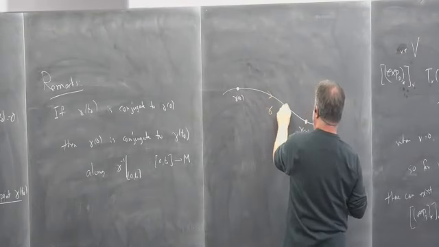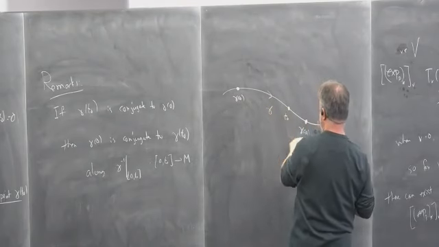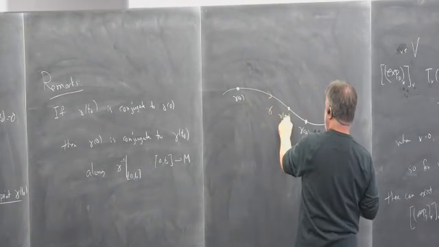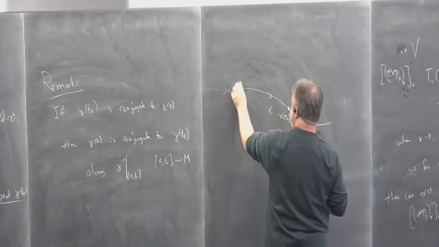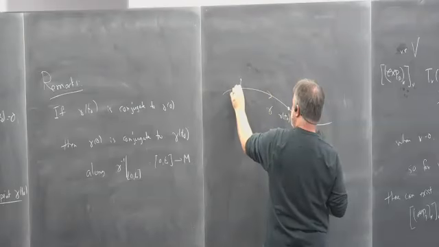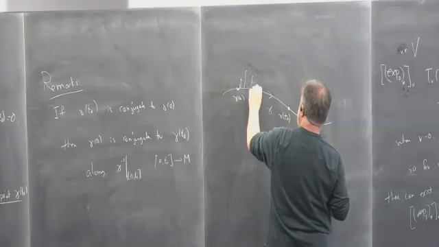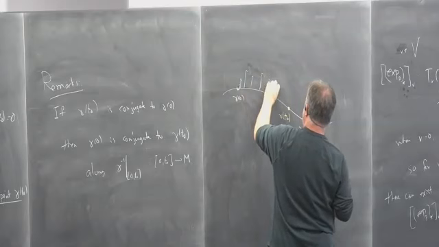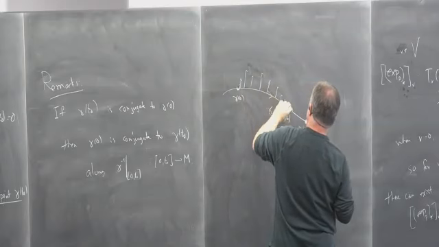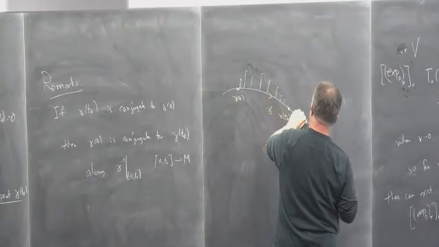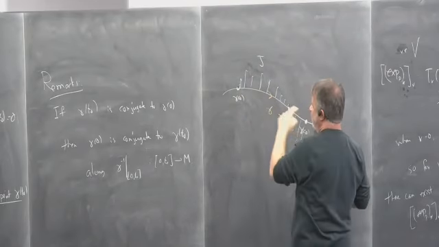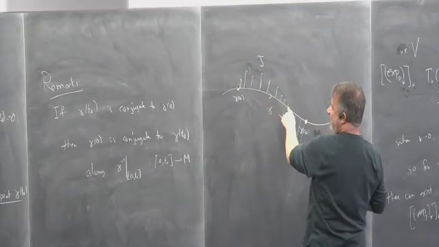So if I have some time t naught, which is bigger than 0 but less than or equal to a, where gamma of t naught is a conjugate point, that means there exists a Jacobi field which vanishes at gamma of 0 and gamma of t naught, and we don't know what it does after that.